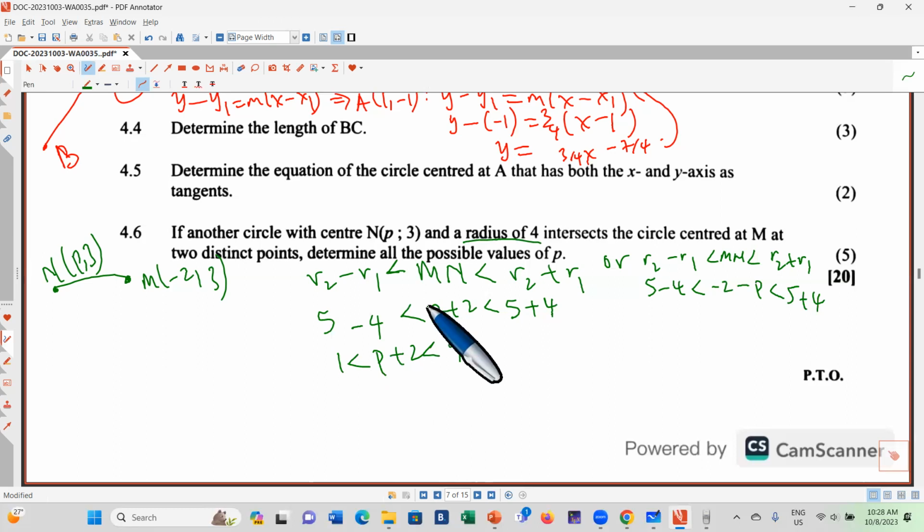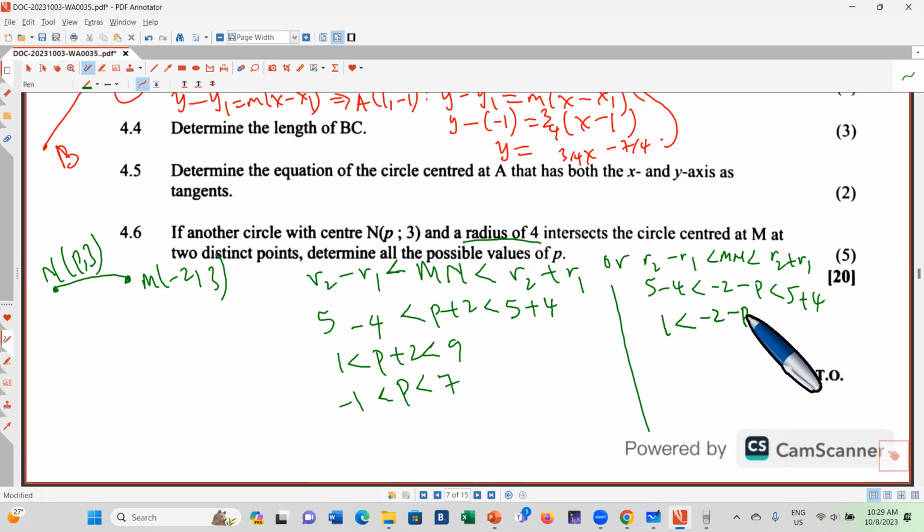Right, subtract 2. 1 minus 2 is minus 1. Subtract 2, you get 7. Or here you have this one, which is 5 minus 4 is 1, less than minus 2 minus P, less than 5 plus 4 is 9. You add 2 because this 2 is negative.